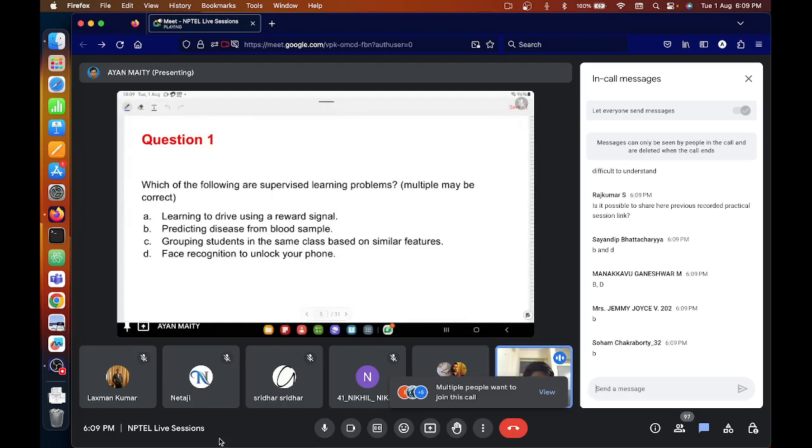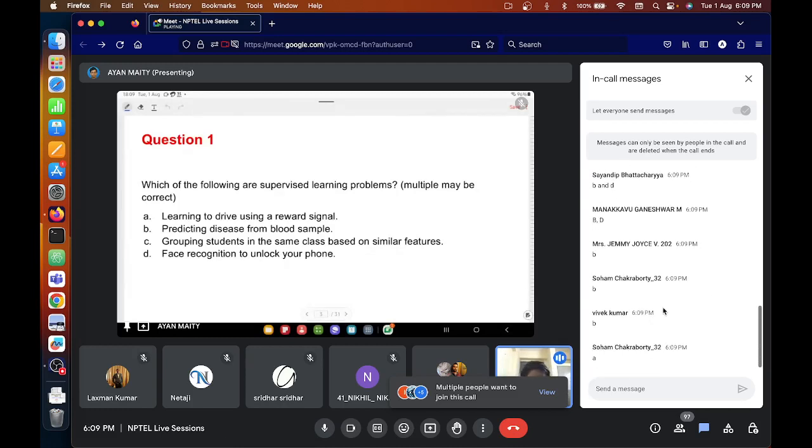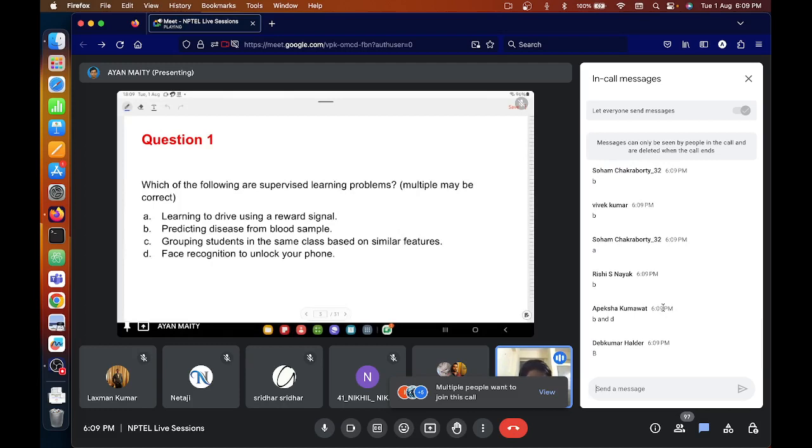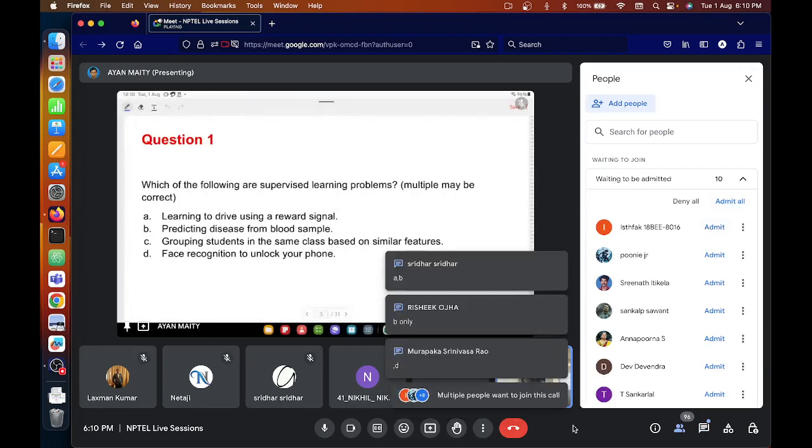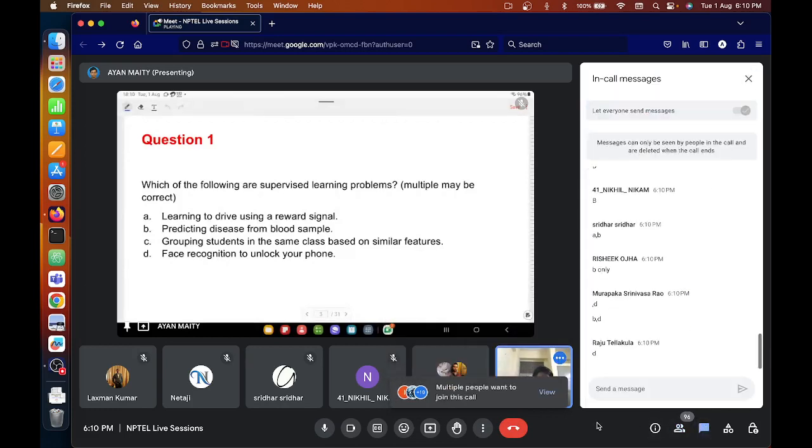I have already received some answers in the chat. Manakavu Ganeshwar has written B and D. Jamie Joyce has written B. Soham Chakravarti B. Vivek Kumar B. Many of you have already written B. Shanti Bhattacharya has written B and D. Raj has written B. Pratik has written D. So some of you are saying it's only B, some of you are saying B and D. Anyone else? Any other answers in the chat?